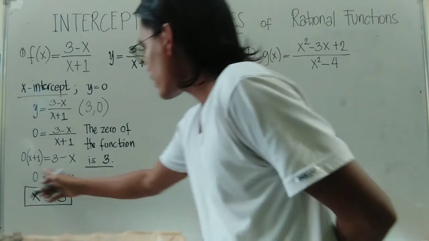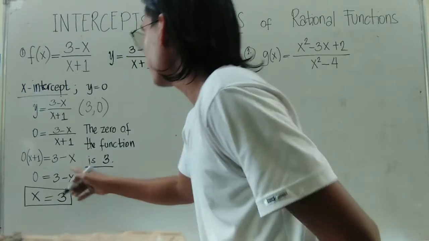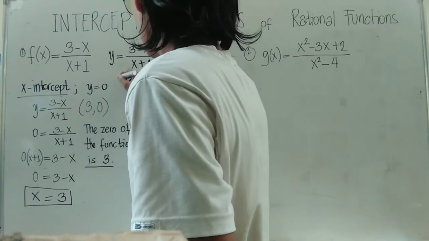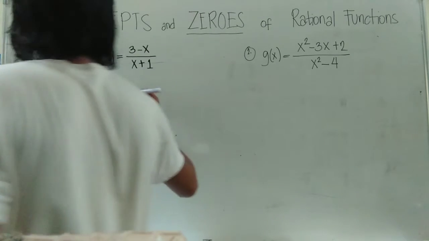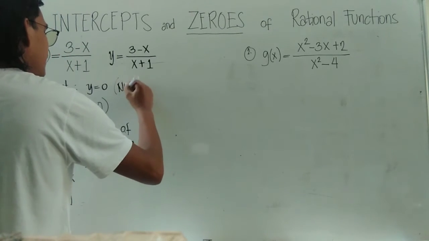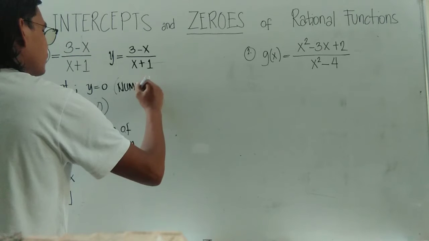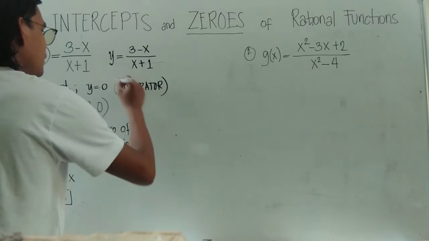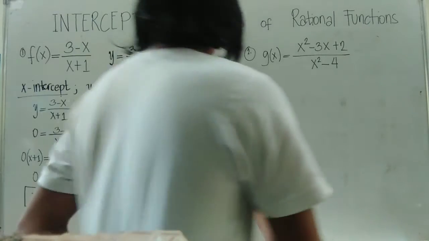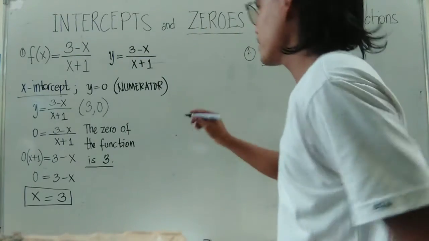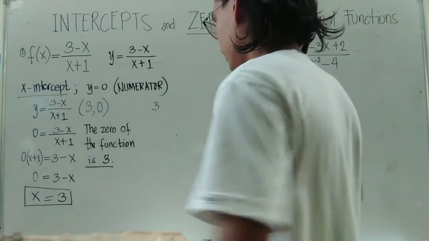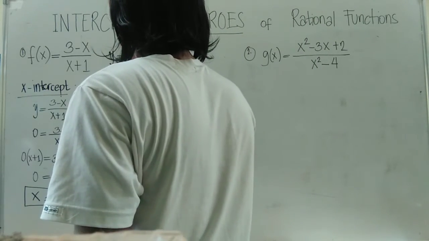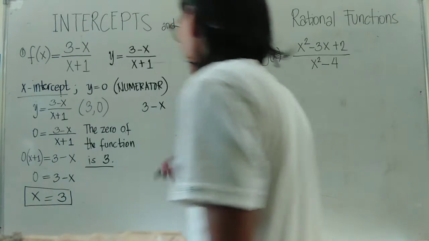So in this case, or part of your solution, we can say that in solving your x-intercept, we are just solving for the 0 of the numerator. Okay, so we will focus on your numerator. Our numerator is 3 minus x.